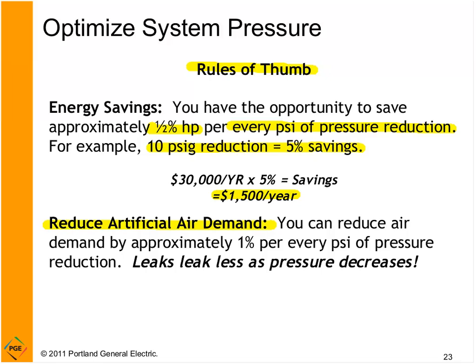And you can save approximately 0.5% of air for every PSI reduction in air pressure. When you elevate pressure, leaks leak more, and you can shove more air inside cylinders. So it's not just the leaks, but it's the end uses as well. Also, unless they're regulated, air tools will spin faster. Everything uses more air when you elevate the pressure. The exception are regulated uses, of course, because they see the same pressure all the time.